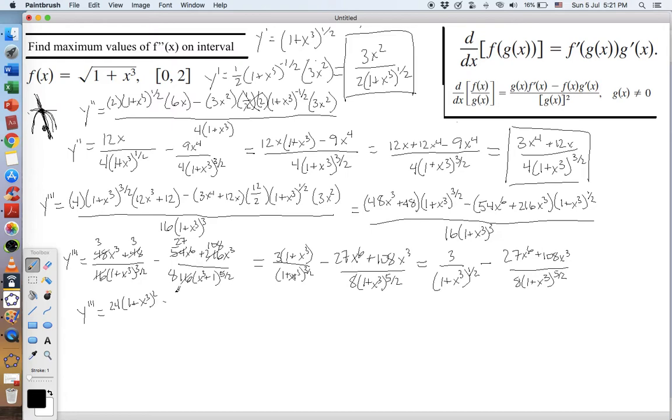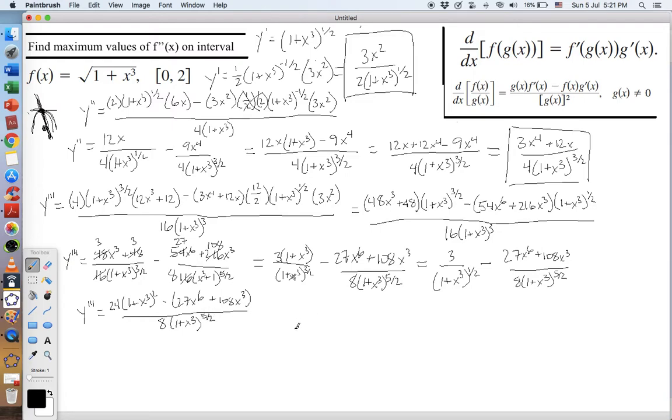And then subtracting from that 27x to the 6th plus 108x cubed all over our common denominator of 8 times 1 plus x cubed raised to the power of 5 halves.